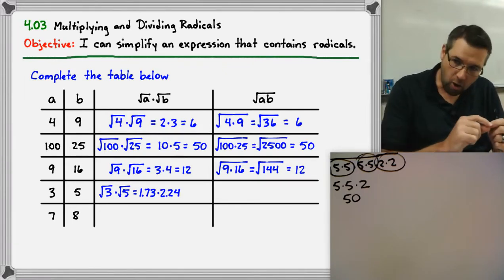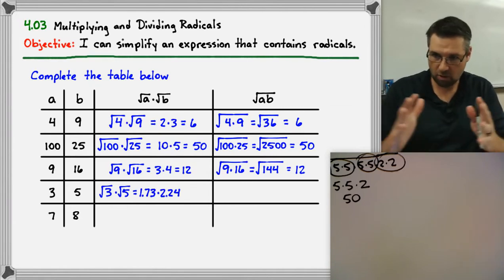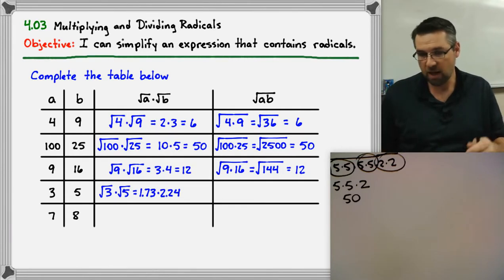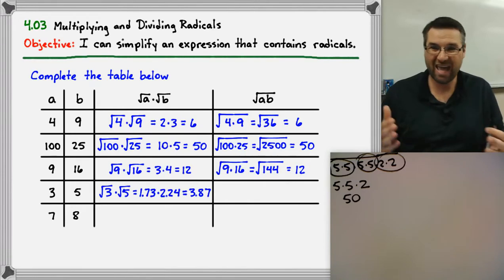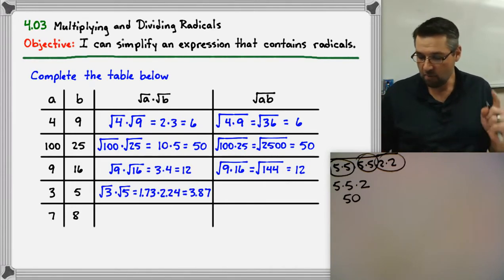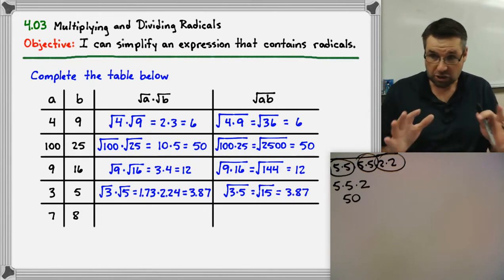Now, if I were to write out all of those numbers, not just 1.73, but the whole set of digits that your calculator shows, and multiply it by all the digits for the square root of 5, we would end up with 3.87-ish if I round it to the nearest hundredth. Now, if I multiply those together first, I get 15, and then the square root of 15 is in fact 3.87-ish around, right?